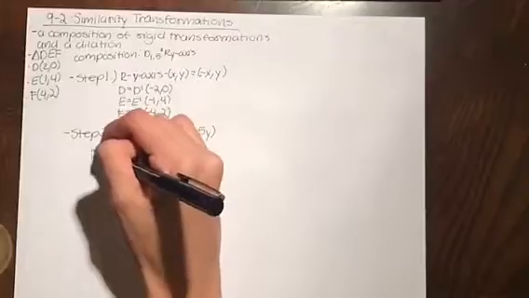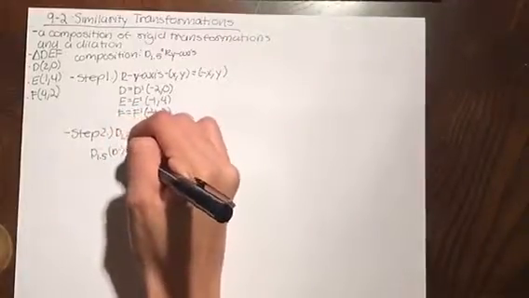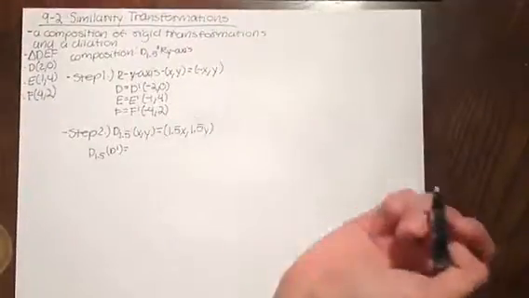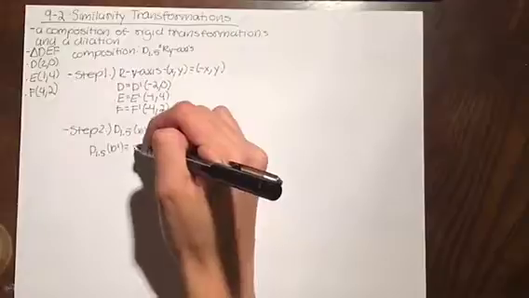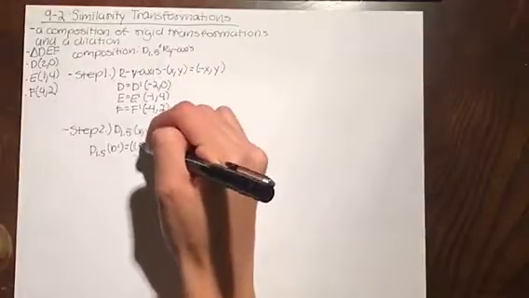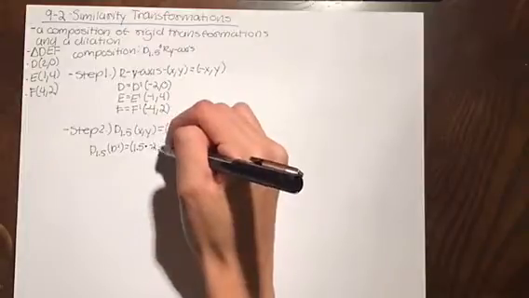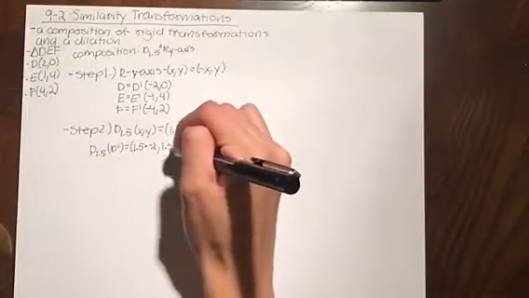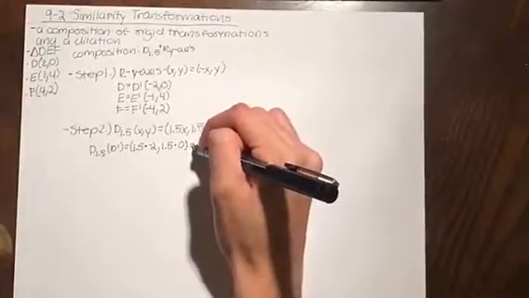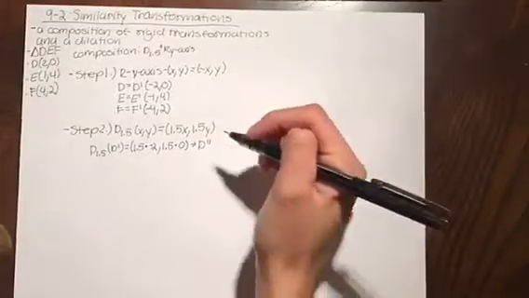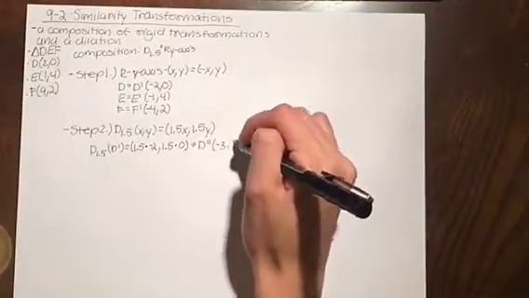So the dilation of 1.5 D prime equals 1.5 times negative 2 and 1.5 times 0, which then equals D double prime (negative 3, 0).